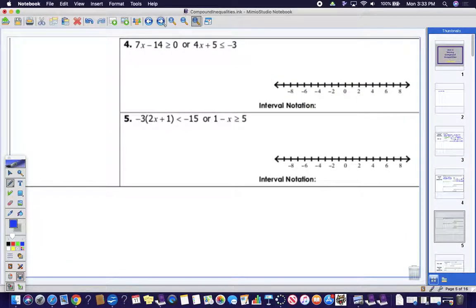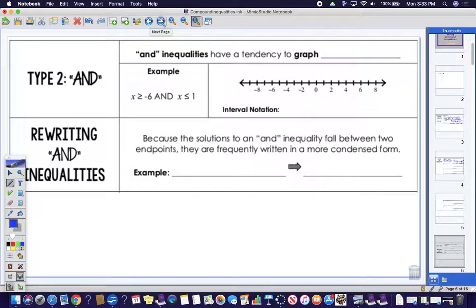Now let's go to and. And inequalities have a tendency to graph together, so they're going to share something in common. As an example, if I graph numbers greater than or equal to -6, there's a closed circle on -6 and everything flows right. For x less than or equal to 1, a closed circle on 1 and everything flows left. Notice we have an overlapping area, and this is what is meant.